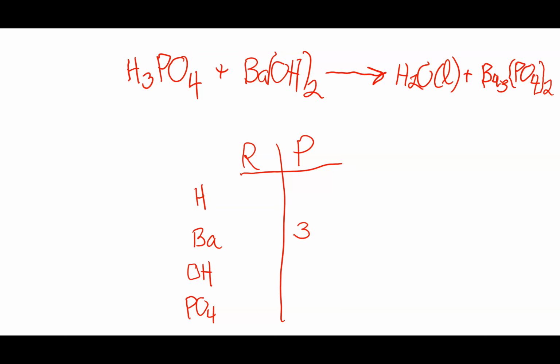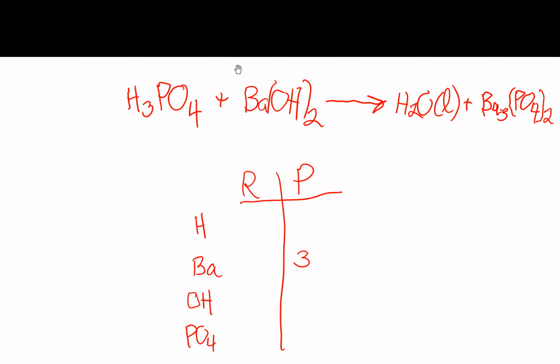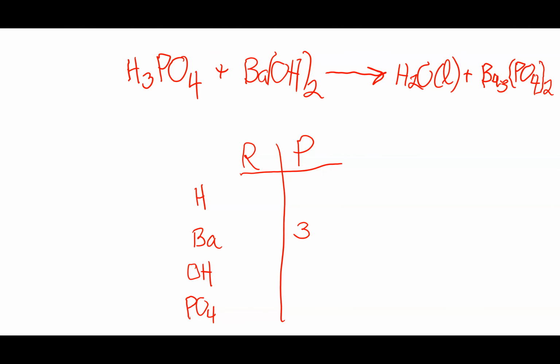So that means I'm going to need 3 bariums as reactants, and to do that I'm going to put a 3 in front of the barium hydroxide, making that a 3. Well, by putting a 3 here, that means I've got 3 bariums, but I've also got 6 hydroxides. So I know I need to have 6 OH on the left-hand side, which means I need to have 6 OH on the right.